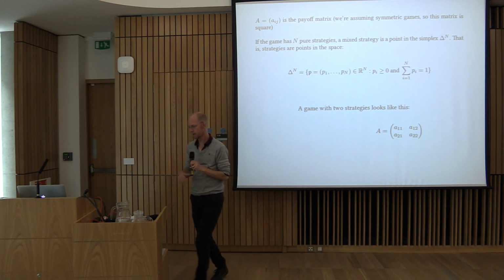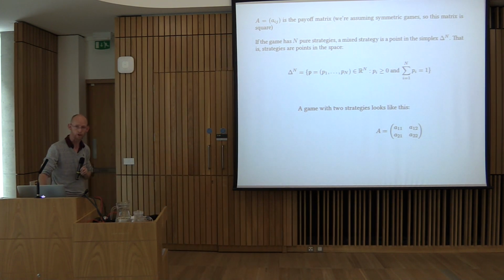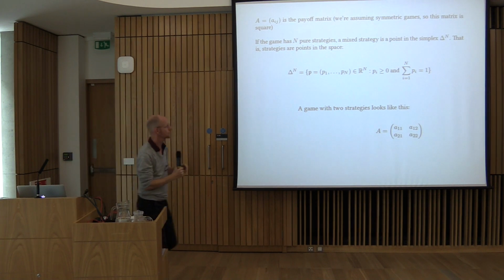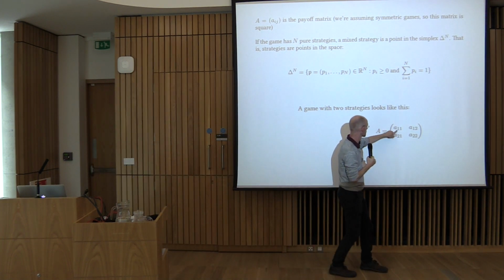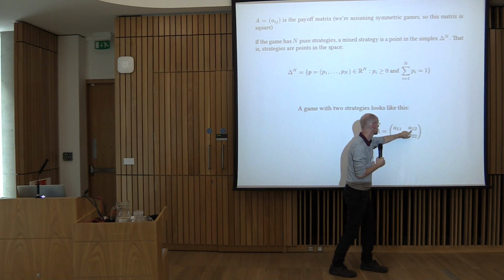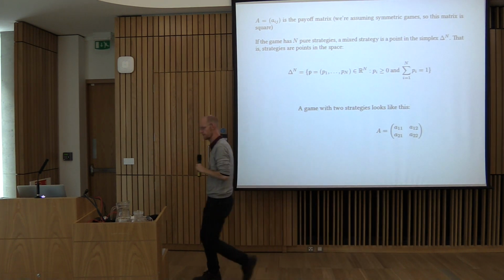And now a strategy is just a probabilistic mix of playing your first action or your second action. This means the row player plays A1 and the column player plays A1; the row player plays A1, the column player plays A2. That's what those things mean.